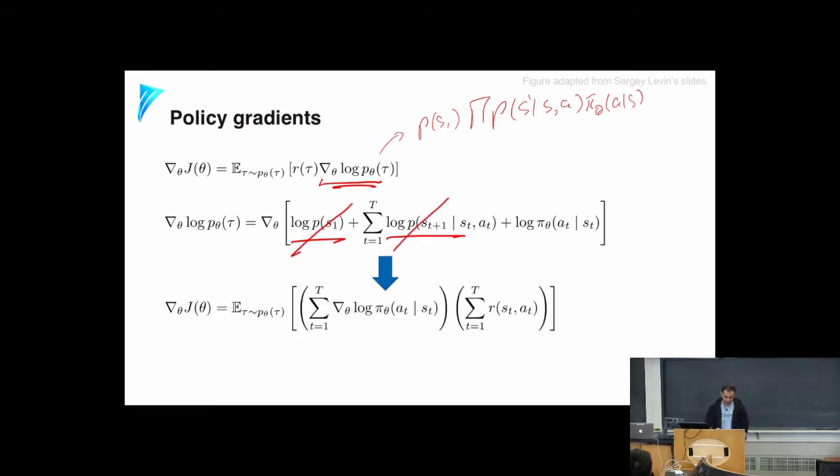So what we arrive at is basically the expectation of the two terms. One term is just the sum over the gradients of the log probabilities of the actions under the current policy, right? So we rolled out the trajectory.